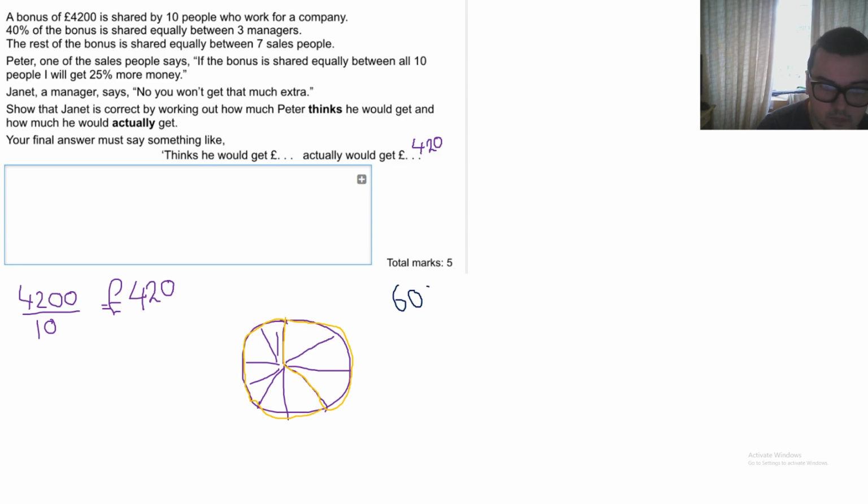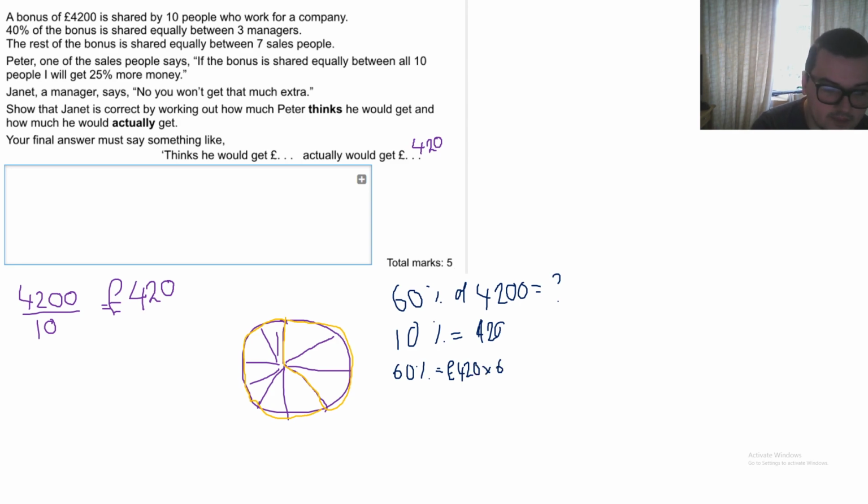60% of 4,200 is what? Well, let's work out 10%, which is, cross out one of the zeros, 420. 60% is 420 times 6.